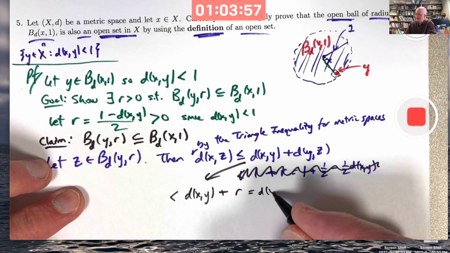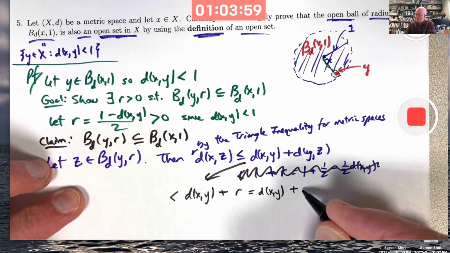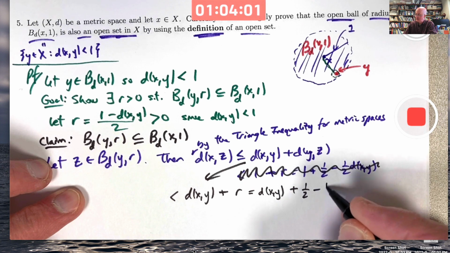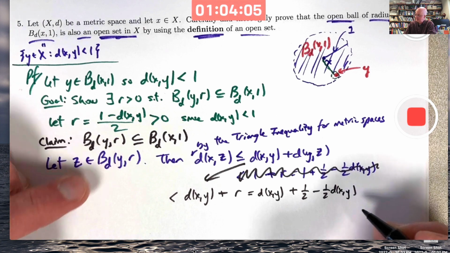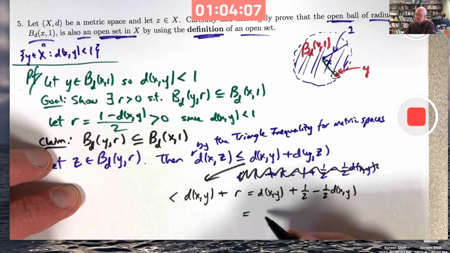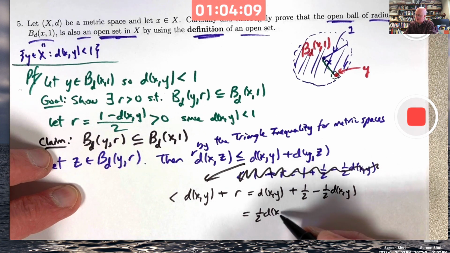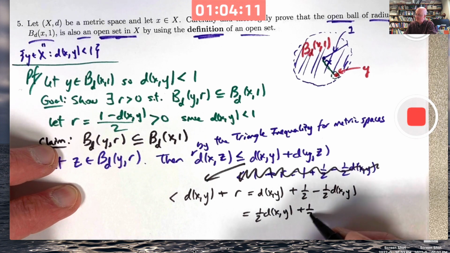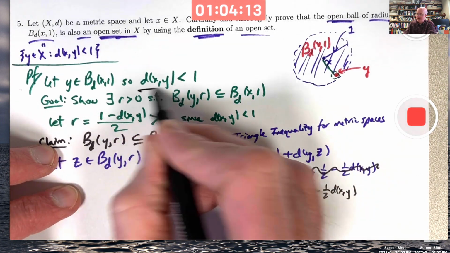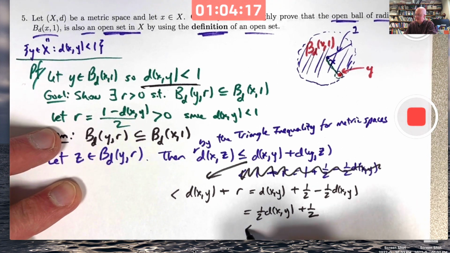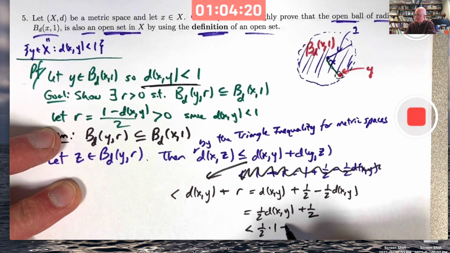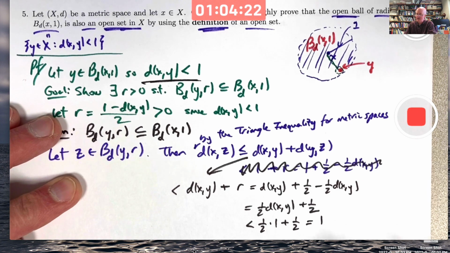Make that replacement: 1/2 minus 1/2 times the distance between x and y. Simplify that. That simplifies to 1/2 times the distance between x and y plus 1/2. Now use the fact that I'm assuming the distance between x and y is less than 1. This is less than 1/2 times 1 plus 1/2, which is 1.